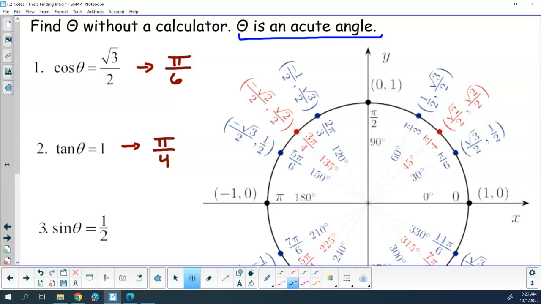Sine in quadrant 1 is 1/2. Where would that happen? Pi over 6, because we're only looking for quadrant 1 angles. All right?